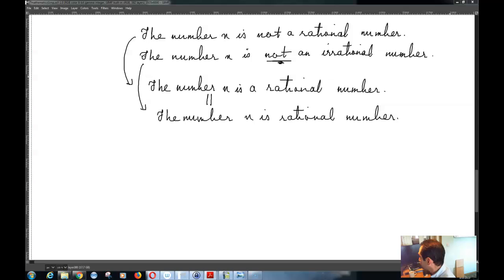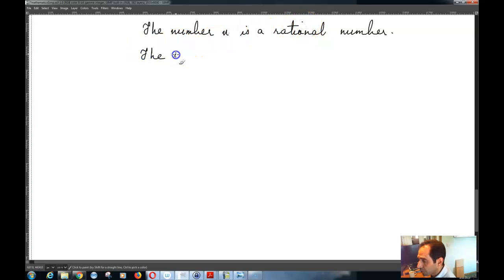And number 2 is the number x is a rational number. The statement that you have is the number x is a rational number. And the negation that has been written for it is the number x is an irrational number.